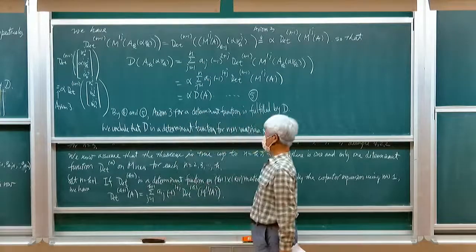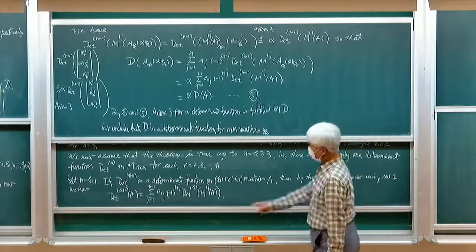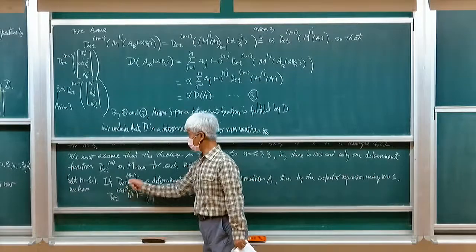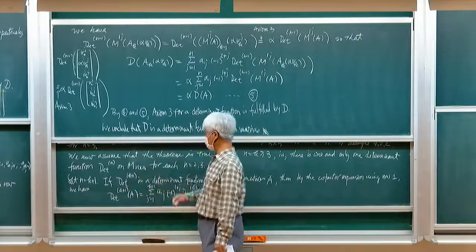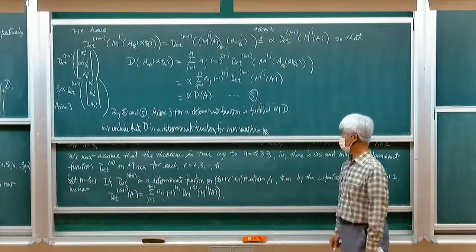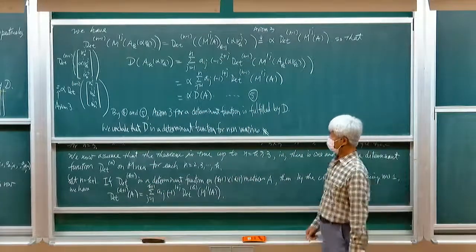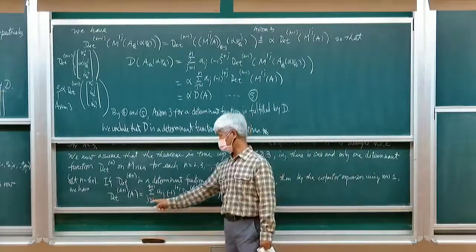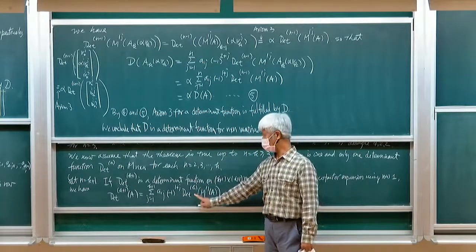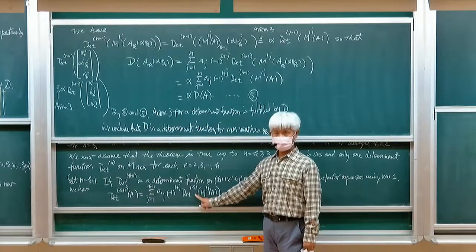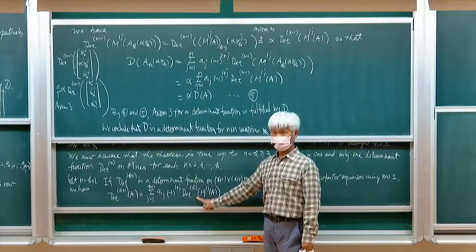Okay, so the value of this determinant function on an arbitrary k plus 1 by k plus 1 matrix A can be evaluated by using the unique determinant functions on k by k matrices.